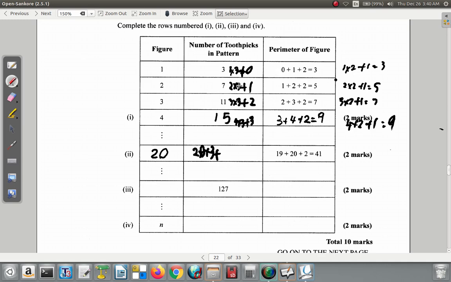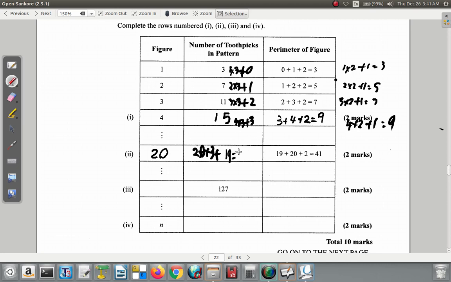Figure 2 by 3 plus this first number here, 1. This figure 3 by 3 plus this first number here, which is 2. 4 by 3 plus this first number here, which is 3. So this figure 20 by 3 plus this first number, which is 19.